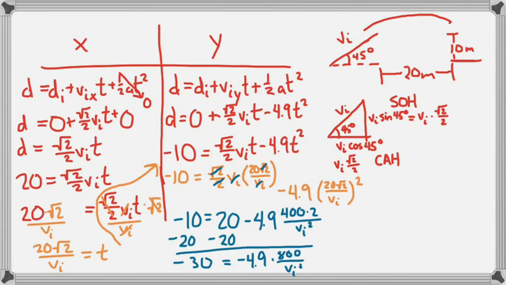Alright, now let's bring this up to right here, underneath. So now I'm going to multiply both sides of this equation by v sub I squared to get that out of the denominator.